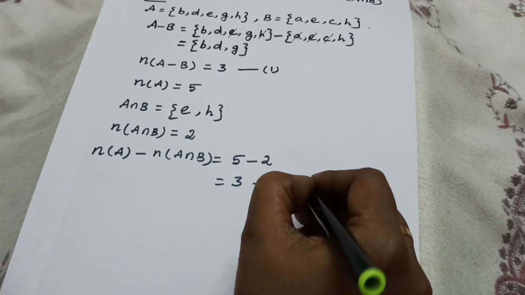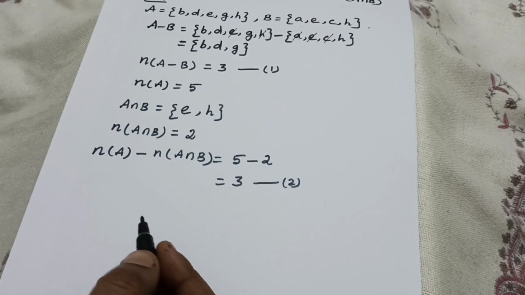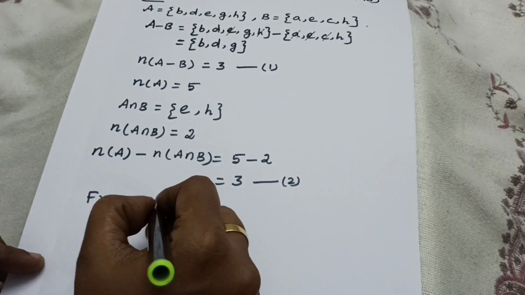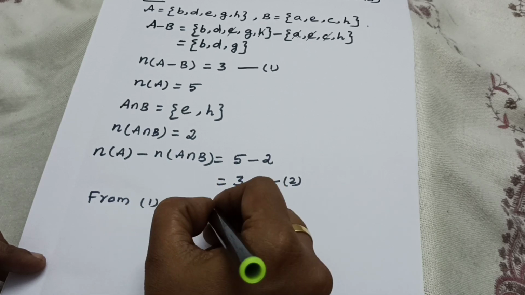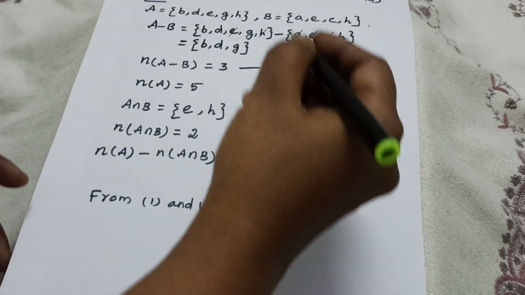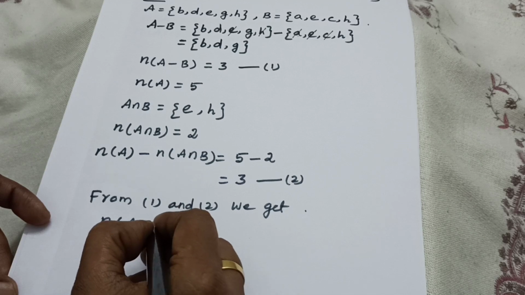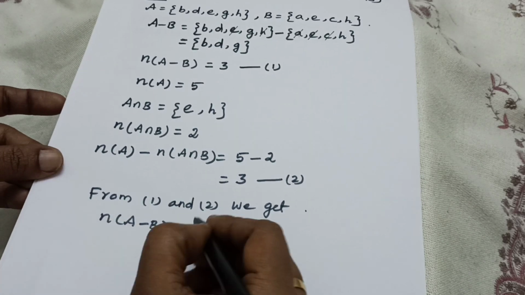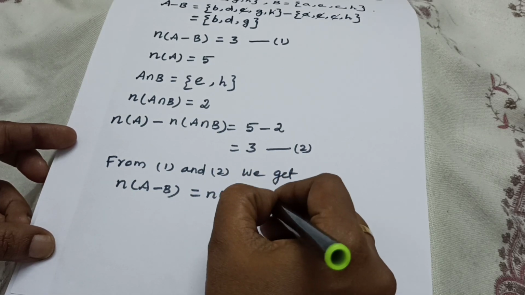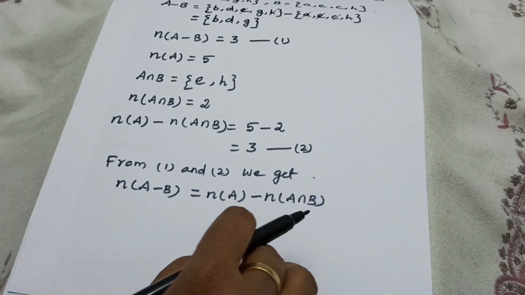This is 2. Right hand side, you have to take 2. Okay. From 1 and 2, we get what? n of A minus B is equal to n of A minus n of A intersection B. Very clear?